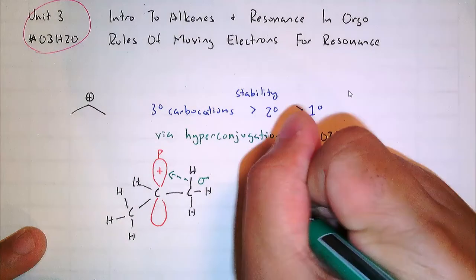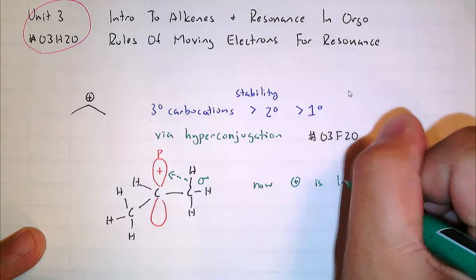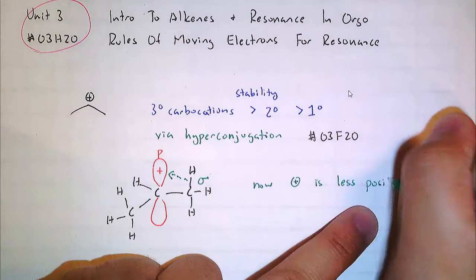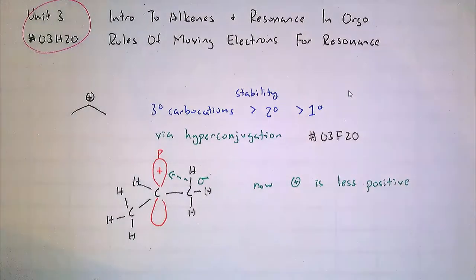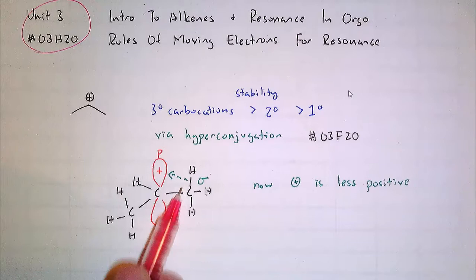So now the positive is less positive. It's not a full positive charge. So another way we could say that hyperconjugation is stabilizing the carbocation, we could in general say delocalization of the charge. We're actually making this bond more partial positive than it would be because it's giving up electron density.